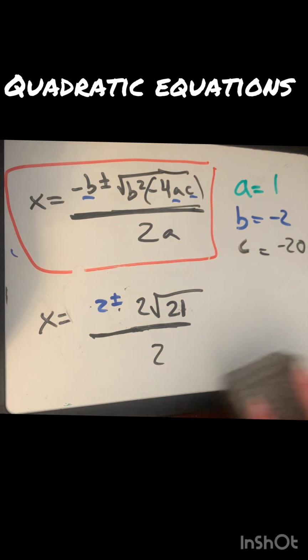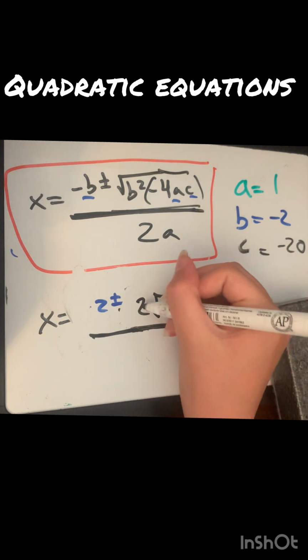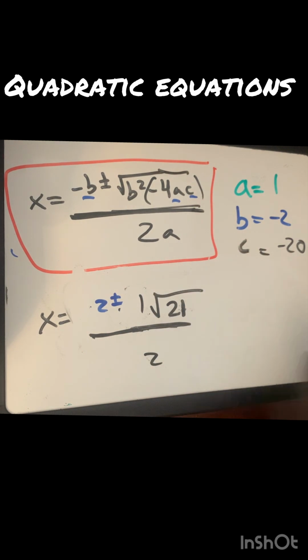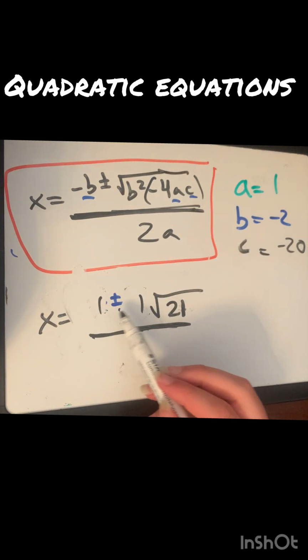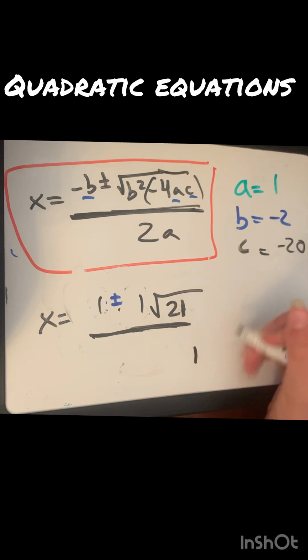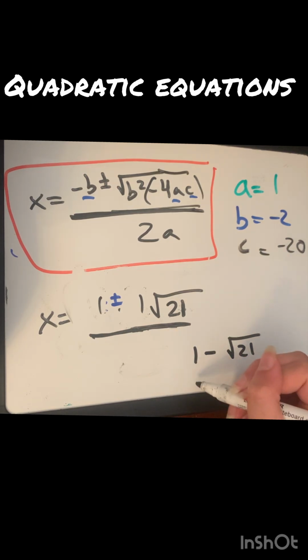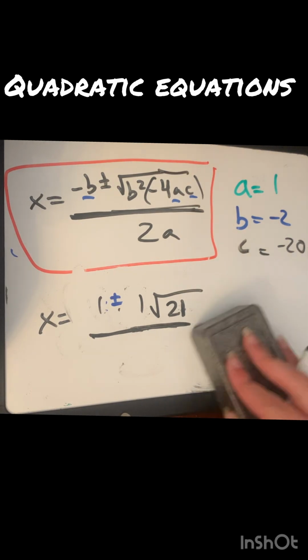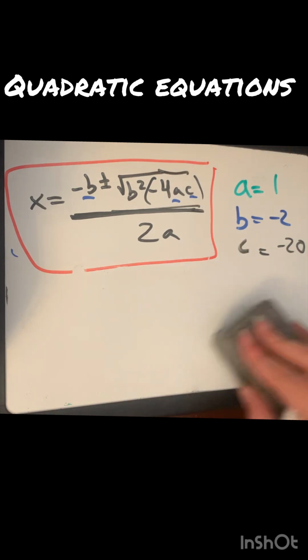So 2 divided by 2 is 1. Okay, so let's put 1. And 2 divided by 2 is 1. So it's 1 plus 1, and you already have it. 1 minus √21, or 1 plus √21. And that's it. This is the hardest equation. So if you guys understood this, that's it, guys. You already have it figured out.